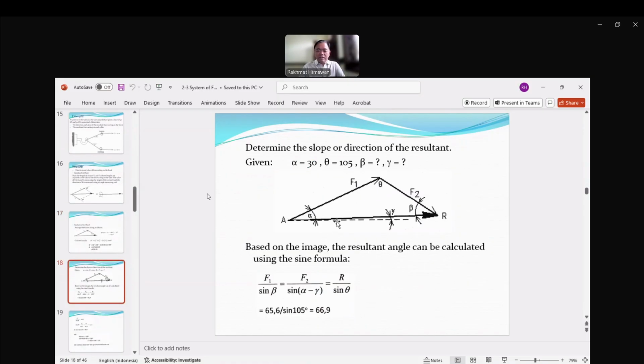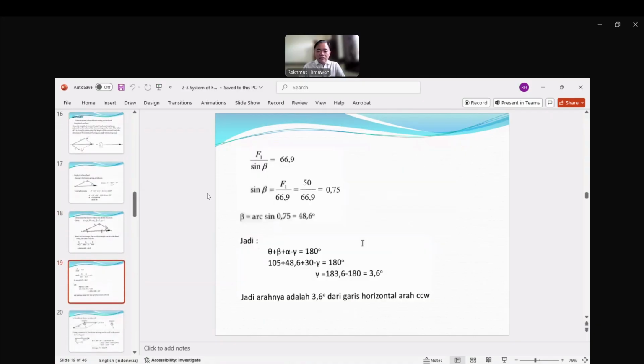So we have discussed this in that class, and about the angle: don't forget to put not just the degree of the angle, but also the explanation. So in English, the direction is 3.6 degrees from the horizontal axis counterclockwise.